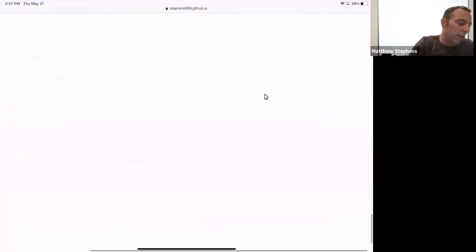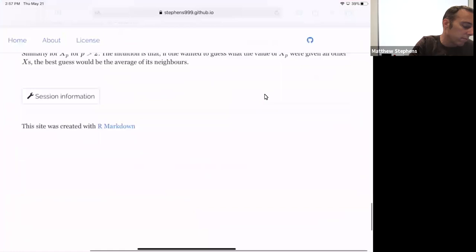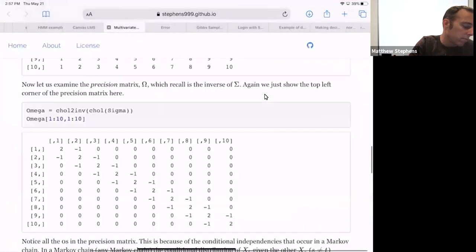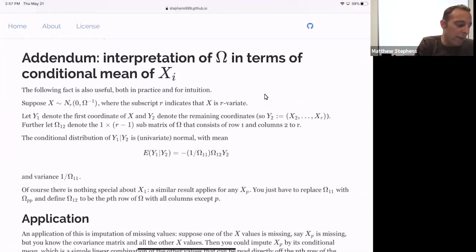And so the statement, oh, yes, sorry. The statement here is that you could predict any subset of x's, the y1s, from the remaining x's, y2s, by looking at these coefficients, negative 1 over omega 1, omega 1,2, times y2.